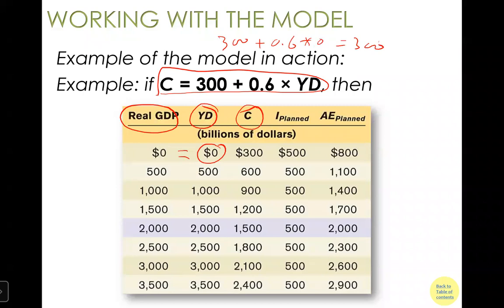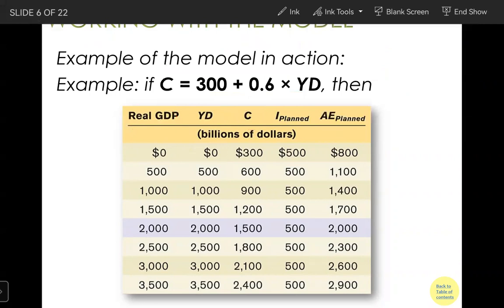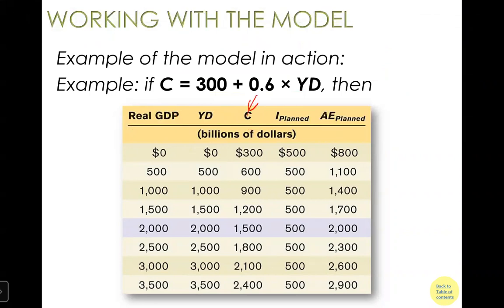If you have disposable income of 500, then 300 plus 0.6 times 500, that's 300, so the total is going to be 600. That's how we get column 3. Planned investment, as we said earlier, is fixed. It's always equal to 500.